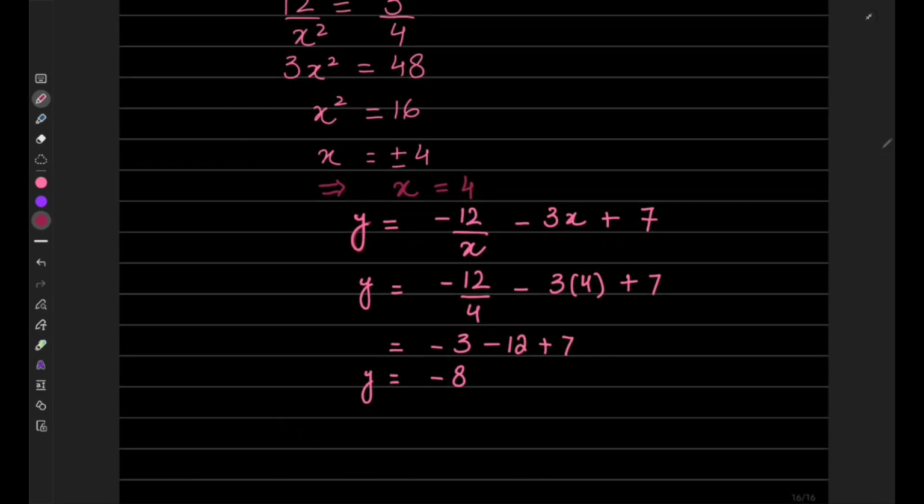Point 4 comma minus 8 is that point on which the gradient is minus 9 over 4, and the same point, for example, just present this. This is your tangent, and this is your normal.